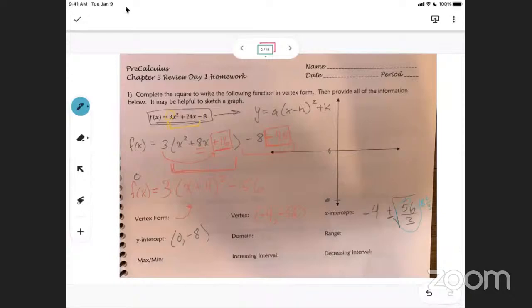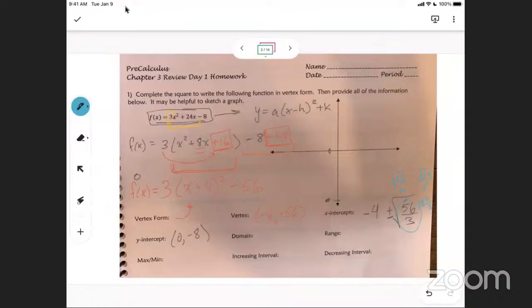What two perfect squares is 18 and 2/3 between? 16 and 25. Good job. The square root of 16 is 4, and the square root of 25 is 5. So it's going to be a little bit more than 4, right?